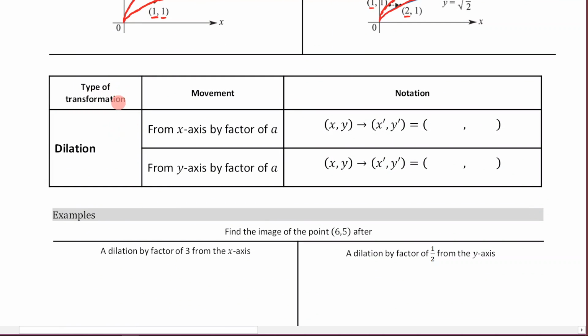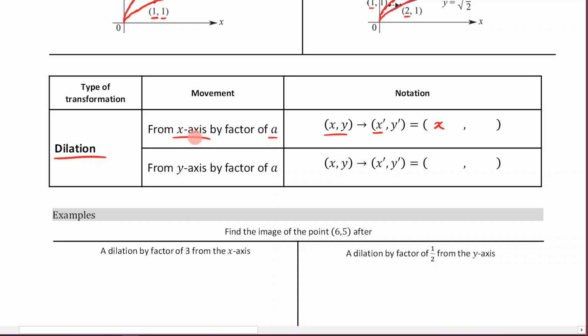So the type of transformation we're dealing with is a dilation. So if we're dealing with a dilation from the x-axis by a factor of a, we're starting with our original point, our x dash. Now, if I'm dilating from the x-axis, my x remains the same, so x dash stays as x.